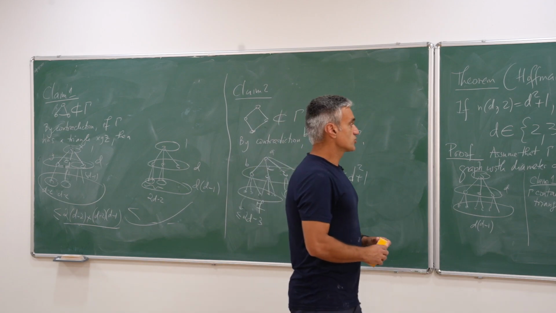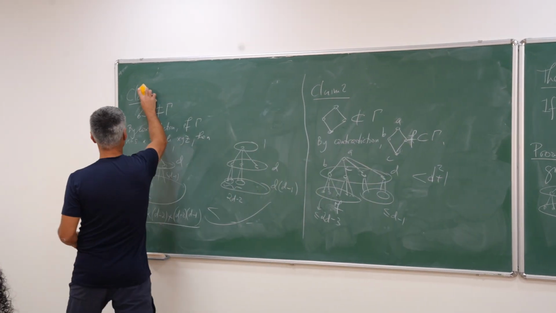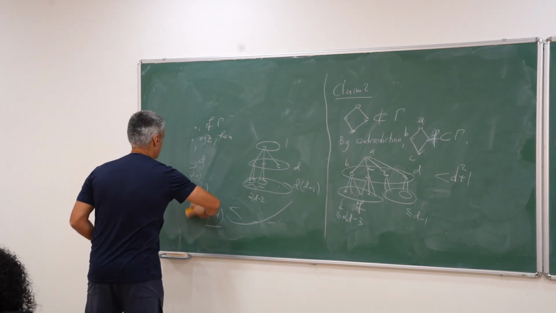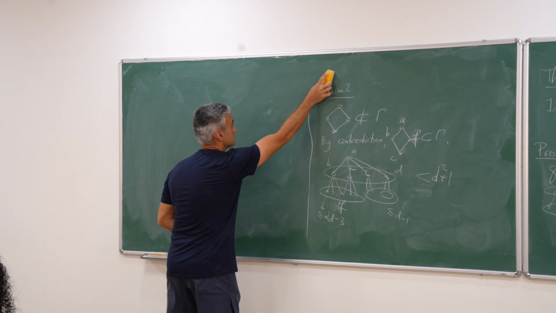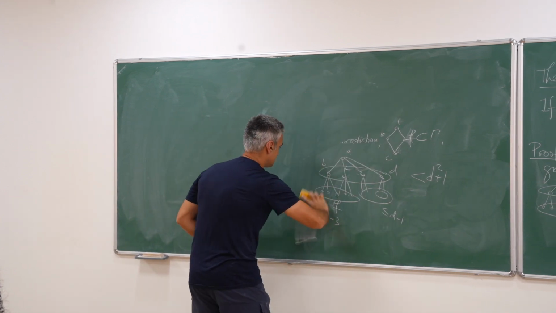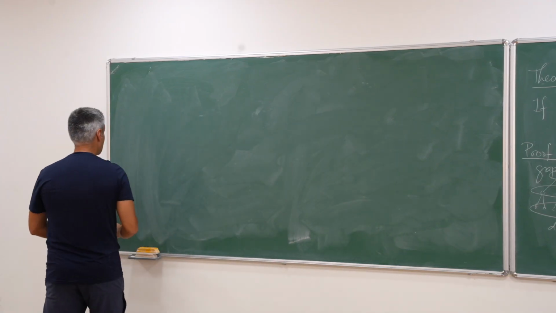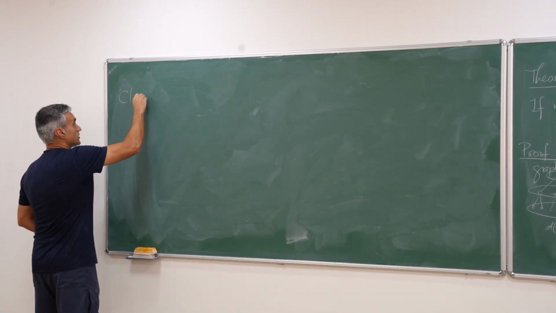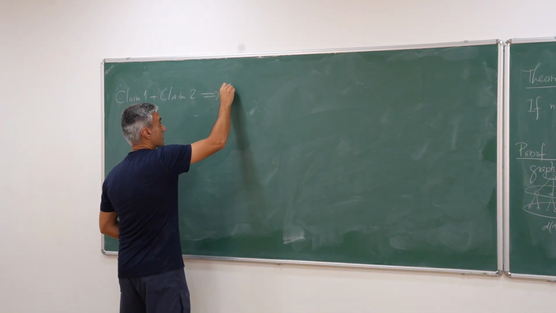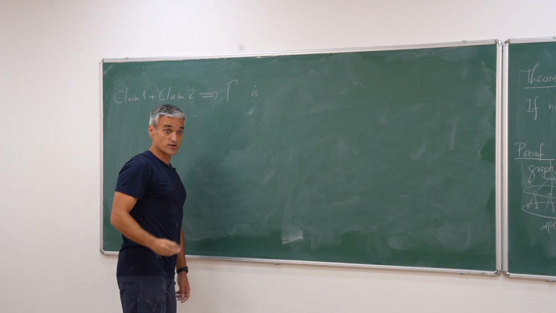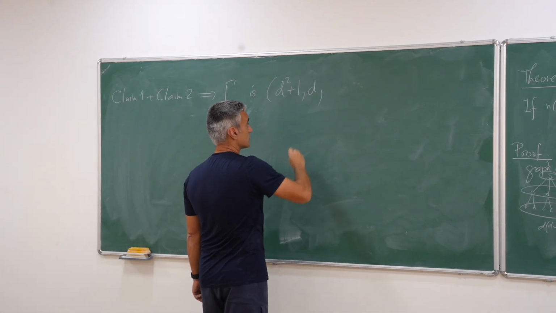Okay? So you have no triangles, no C4s. So from claim 1 plus claim 2, I get that gamma is actually a strongly regular graph with the following parameters: D squared plus 1 vertices, D regular.